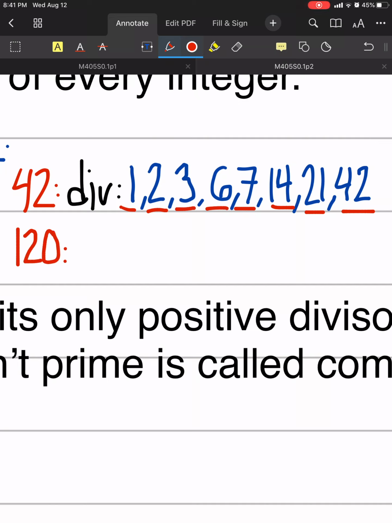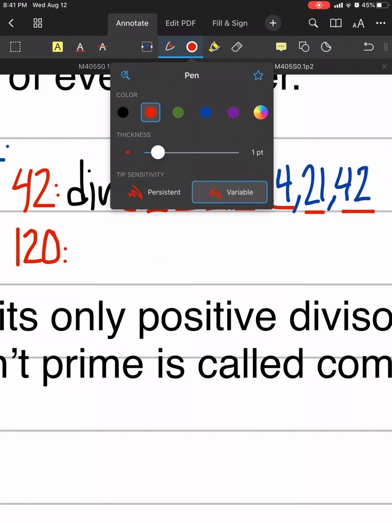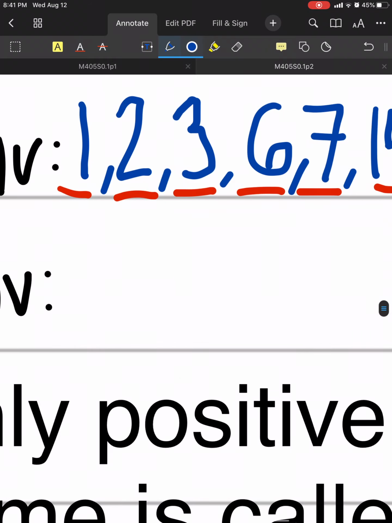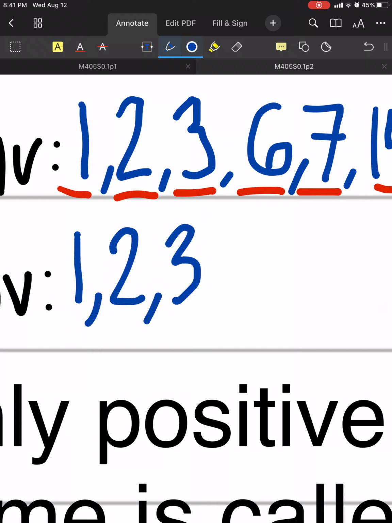Okay, next is 120. Let's look at the divisors there. Again, we start with 1, 2, 3. In this case, 4 still goes into 120.